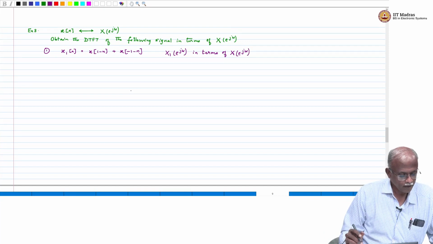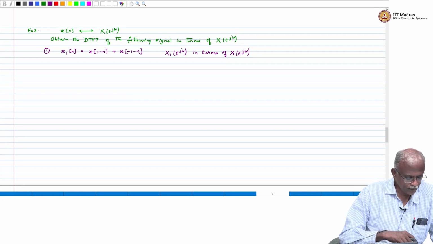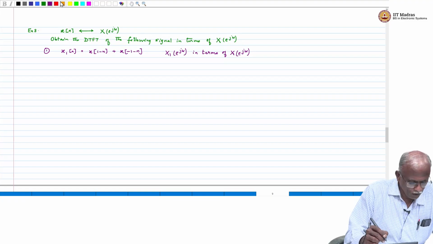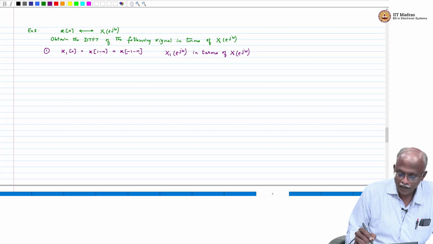We will give you just a couple of quick hints, and then you can use that to derive. So let us do the following. In the first step, we recognize that we have to shift by 1.